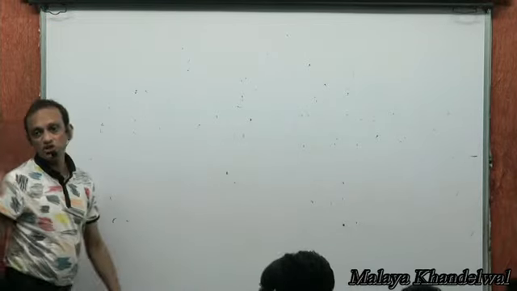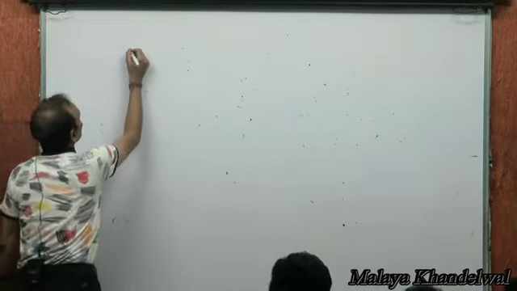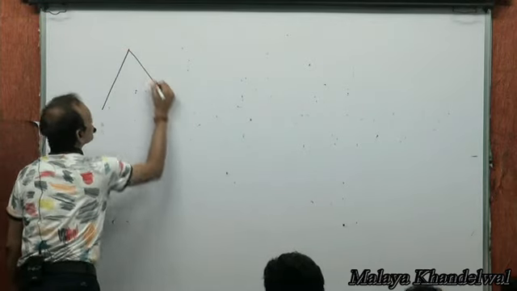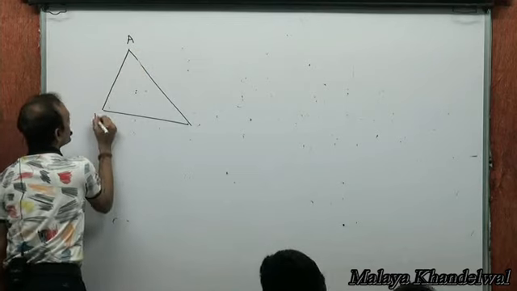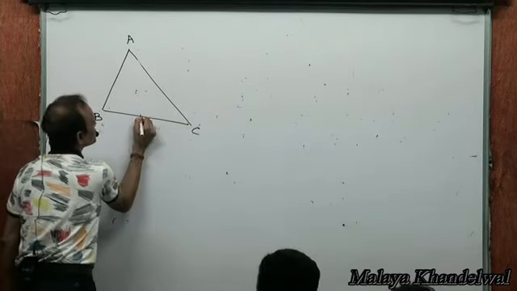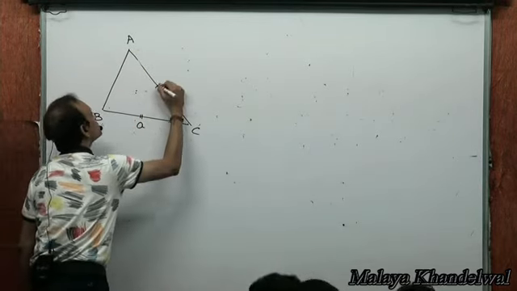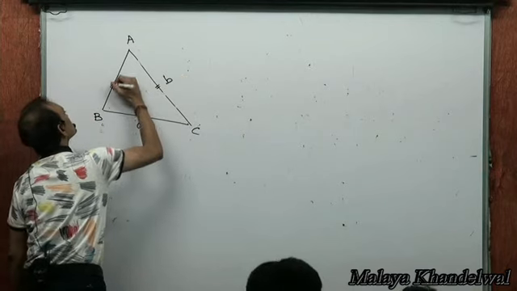Now, some results consequently. Like I told you, triangle ABC, this is small a, this is small b, this is small c.